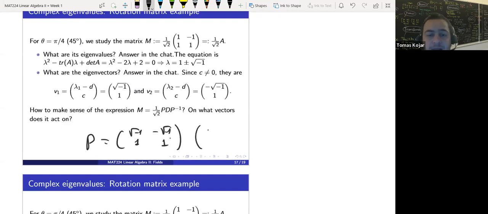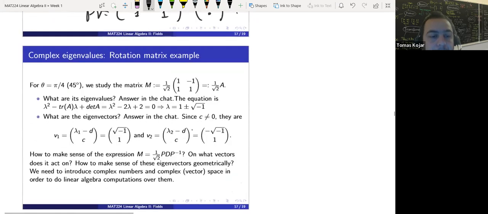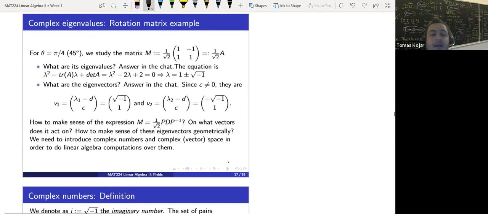And what kind of vectors does it act on, right? So what will V be? All right. So yeah, this is the motivation that in a real problem, there are no complex numbers here.